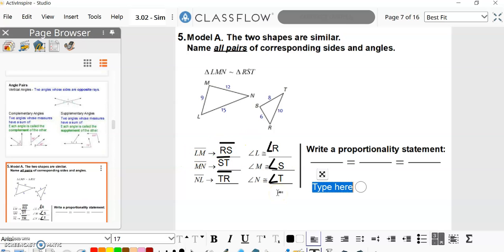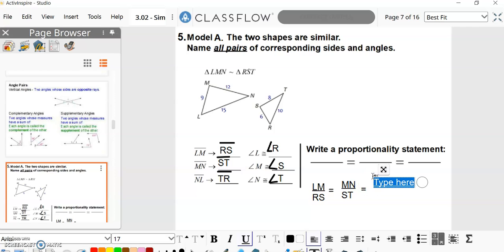So you can write LM over RS, equal to MN over ST. And then put a little equal sign somewhere, right there.